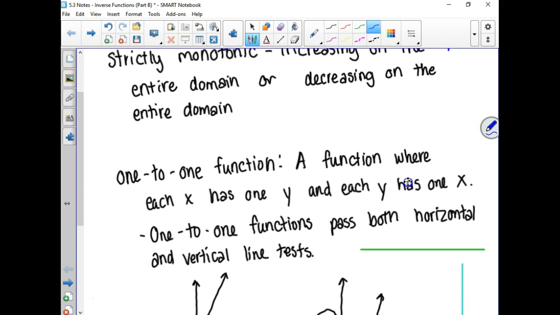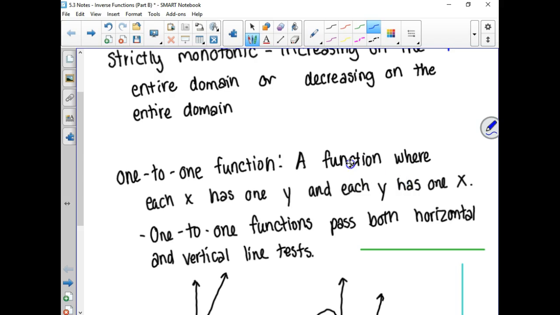But a one-to-one function is how the world should work. A one-to-one function is really how the world should work, where each X has one Y and each Y has one X. So neither X's nor Y's can be repeated in a one-to-one function.